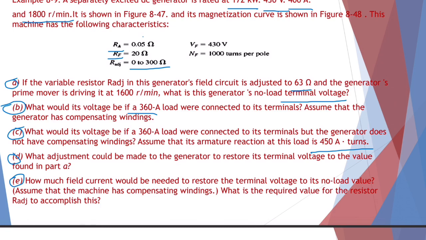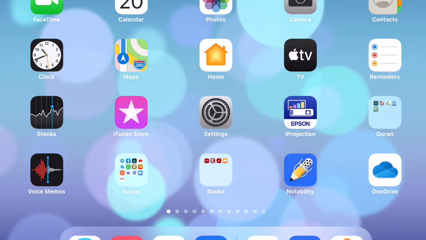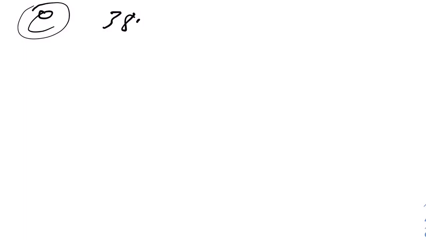What is the required value for the resistor's adjustment to accomplish this? Okay, this is now E. For the terminal voltage to go back up to 382 volt, the required value of EA, okay, is what here?